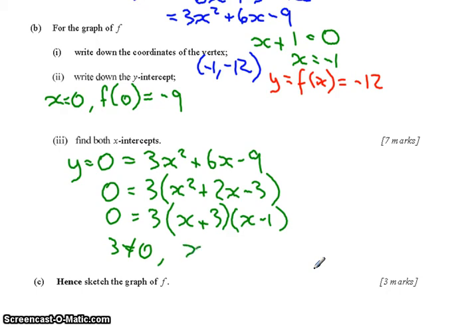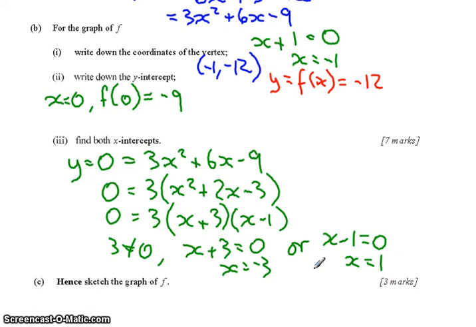So either x plus 3 equals 0, which means x equals minus 3, or x minus 1 equals 0, which means x equals 1. Those are the x-intercepts. If we want to put coordinates on them, then we've got 1, 0, and minus 3, 0.